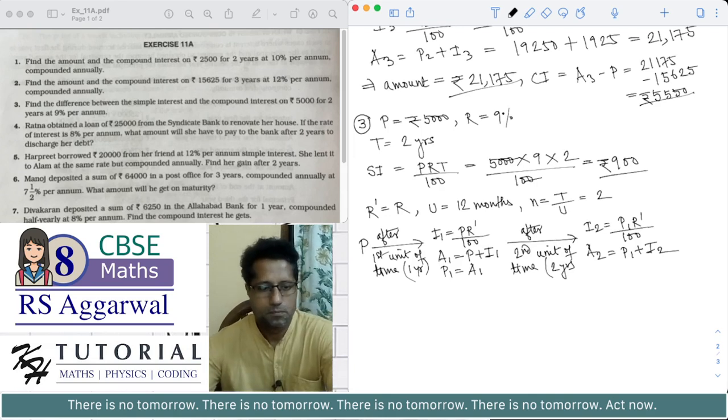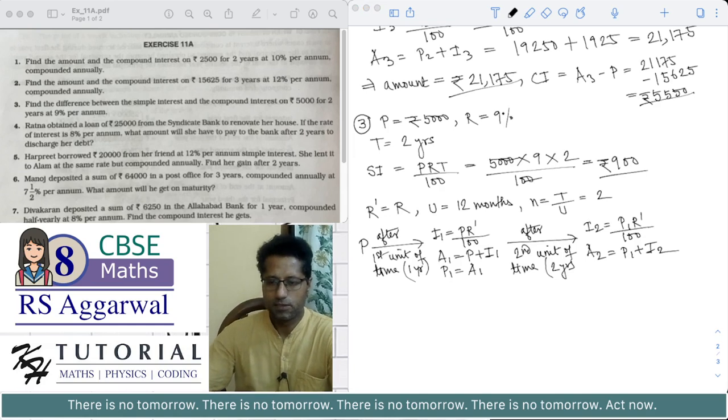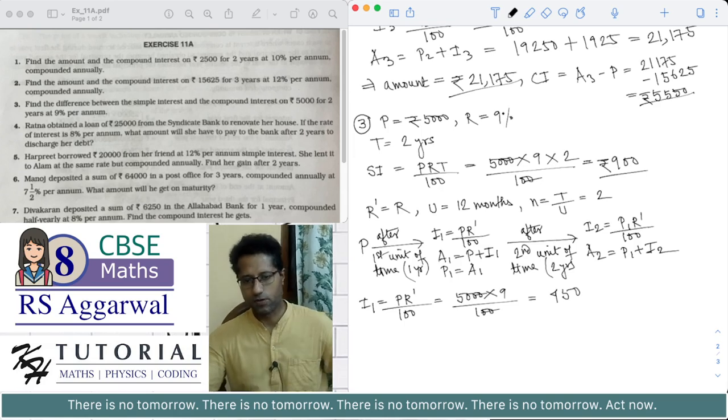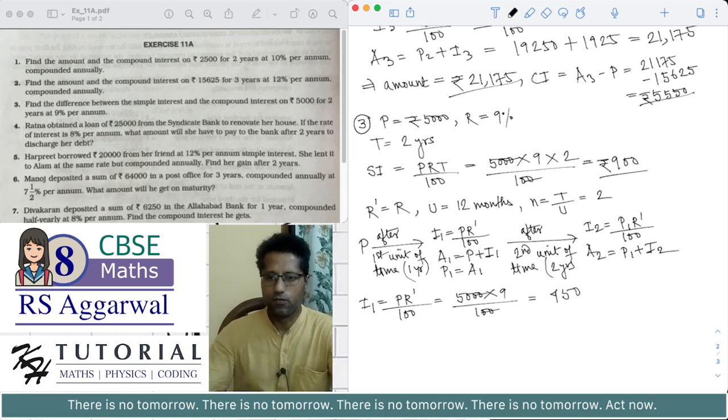Okay. So let's calculate I1. Let's calculate A2. So I1 is equal to P R dash by 100. P is 5,000 multiplied by R is 9 by 100. So 100, 20 cancels out. This is 450. So the interest at the end of first unit of time, which is 1 year, is 450 rupees.